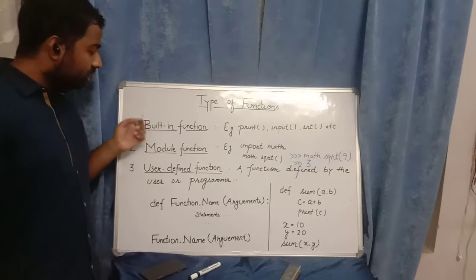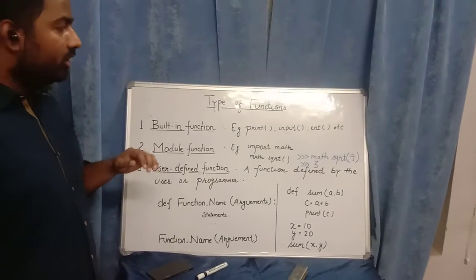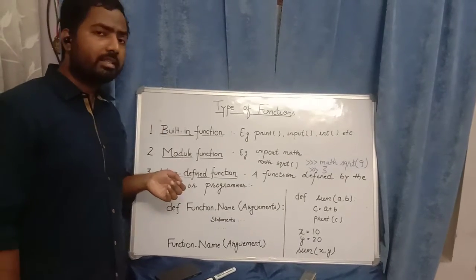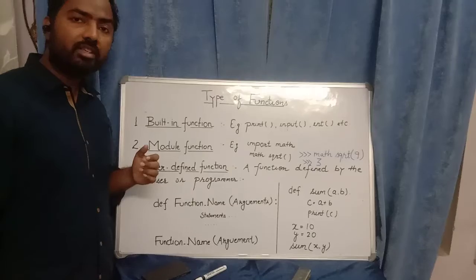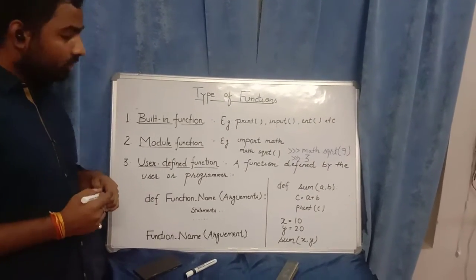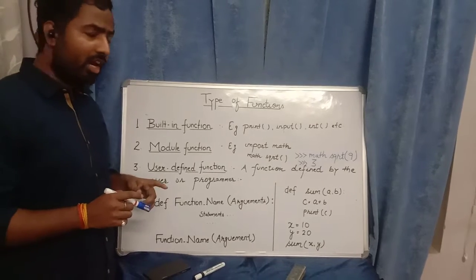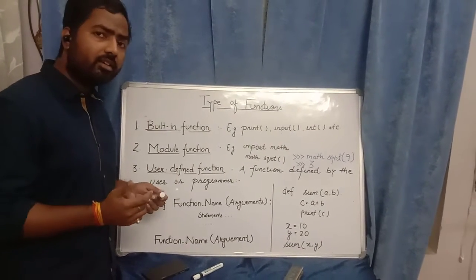Talking about built-in functions in Python. In class 11, you have studied some built-in functions like the print function, input function, int function, list function, and many more. One more thing you have to keep in mind is how you will identify whether something is a function or not.